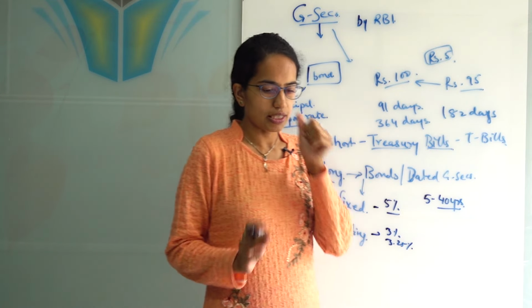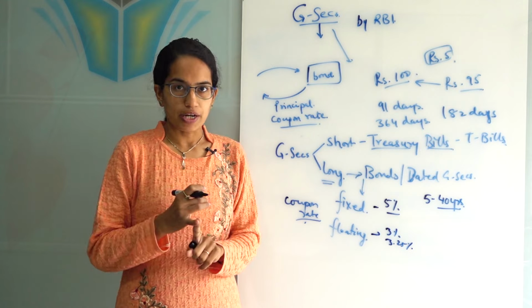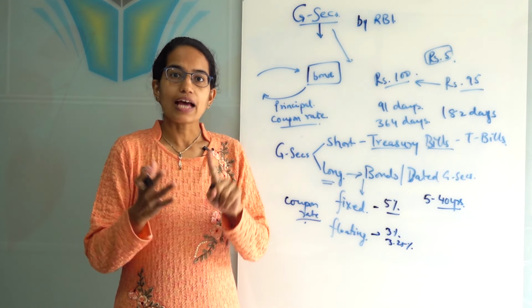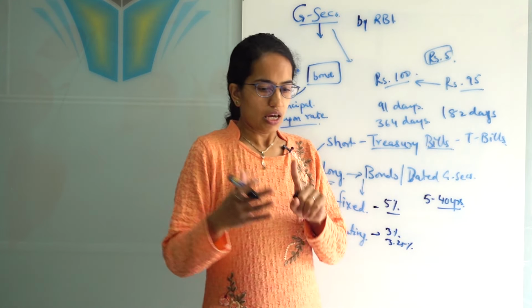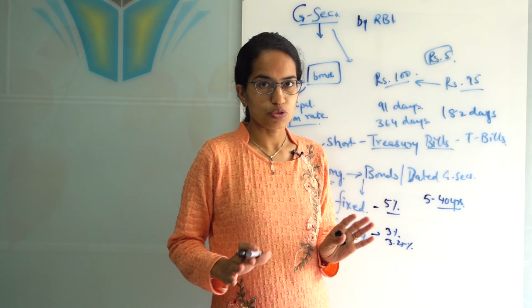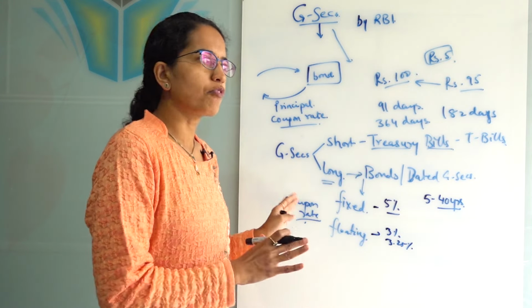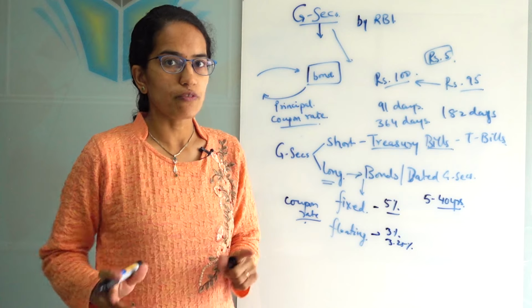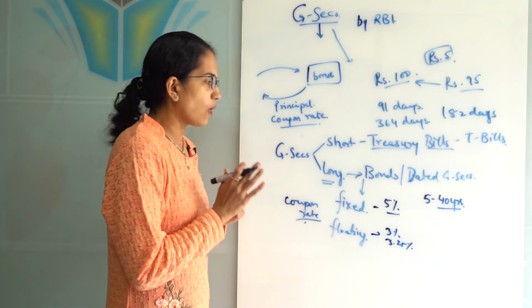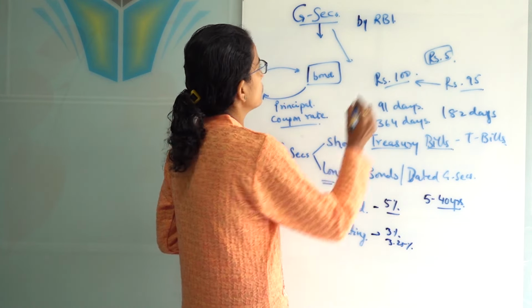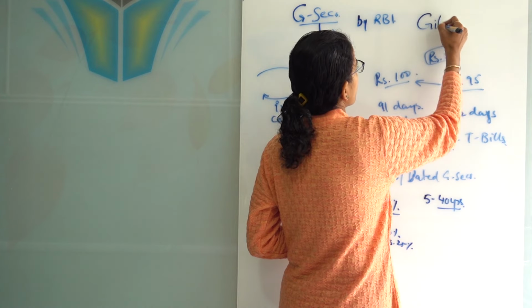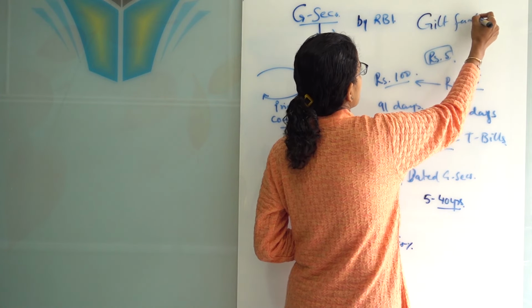But it's not just this. Besides the debt funds, the banks and the financial institutions can purchase these instruments. Besides debt funds, there can also be mutual funds which can be issued. Now there is another interesting term which is known as gilt funds. What are these gilt funds?